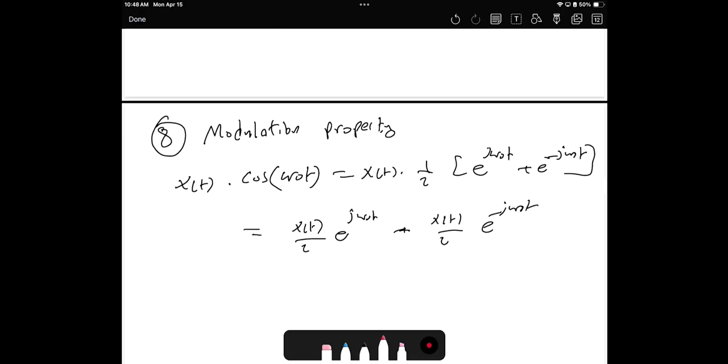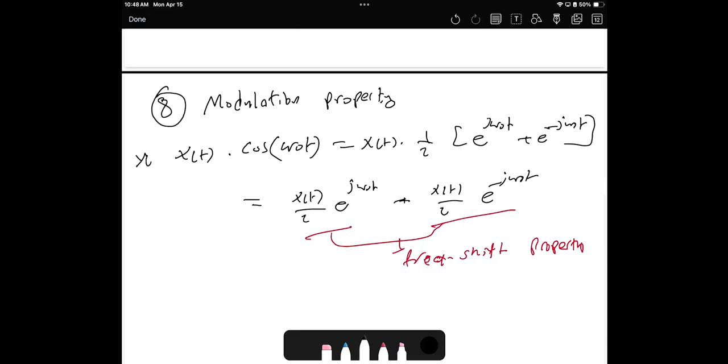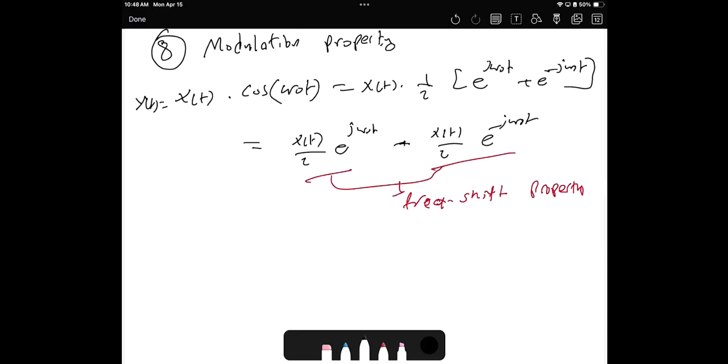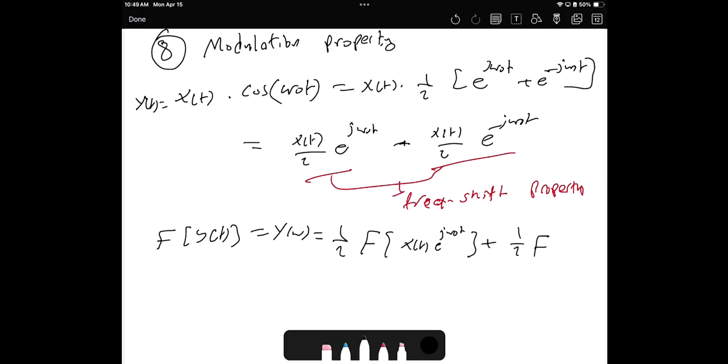So as a result, here assuming this is y of t, Fourier transform of y of t, in other words, this is y of omega, will be 1/2 Fourier transform of x of t e power j omega naught t minus or plus 1/2 Fourier transform of x of t e power negative j omega naught t.